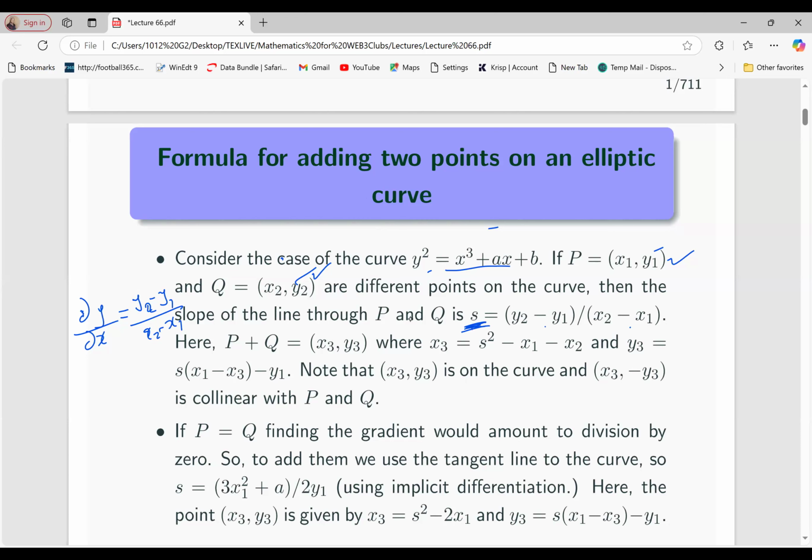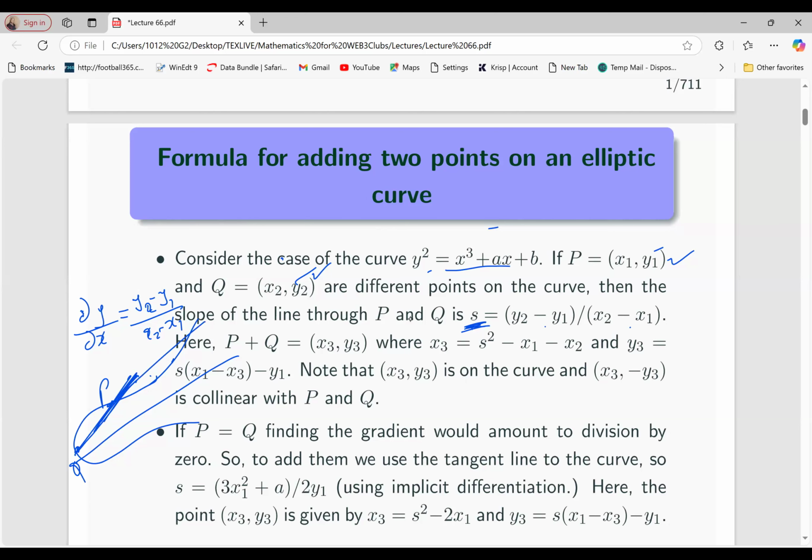We've already said that we have this curve, and you have this x-axis, and you have 2 points, P and Q, for instance. We've just found the gradient of this line.